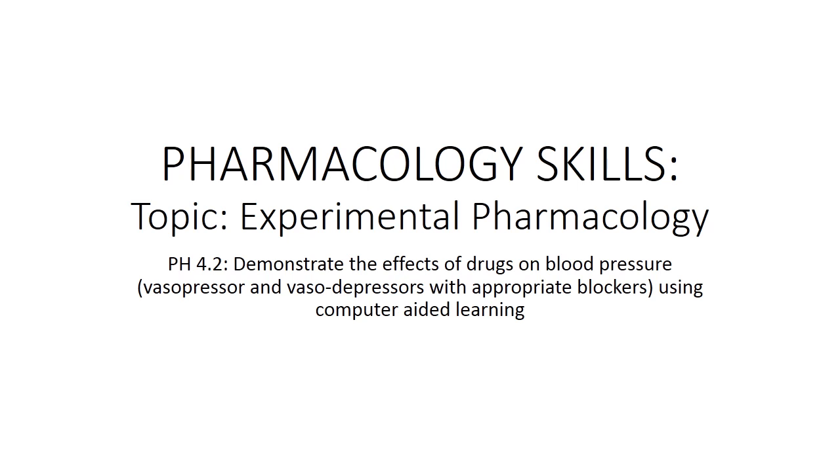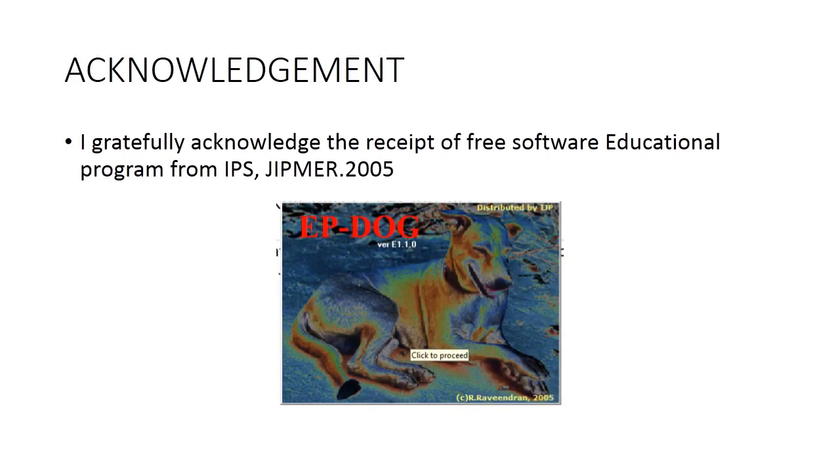This is a computer assisted learning or a simulation exercise, and I will start with a simple simulation. Now the program was received from the Indian Pharmacological Society as early as 2004 as a free gift.